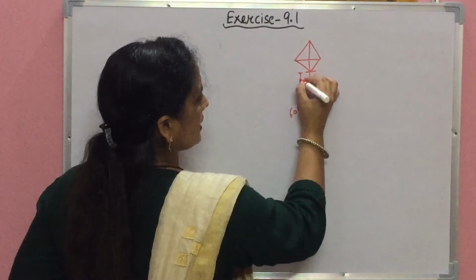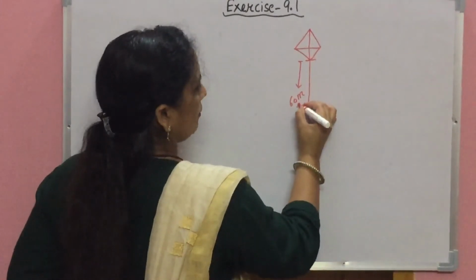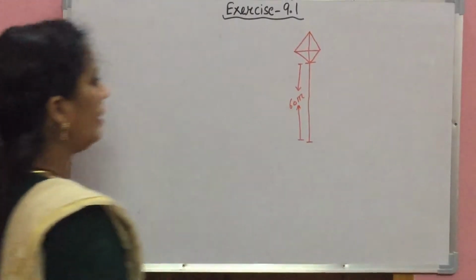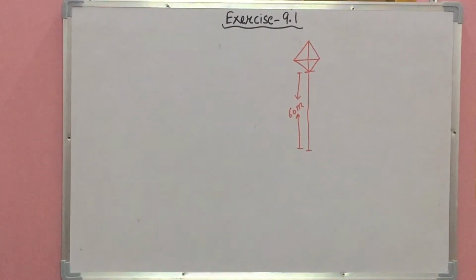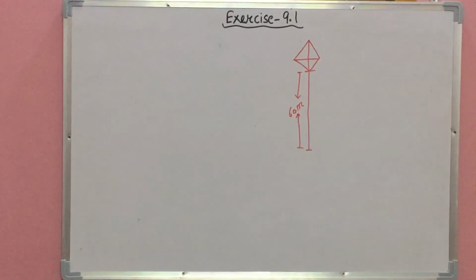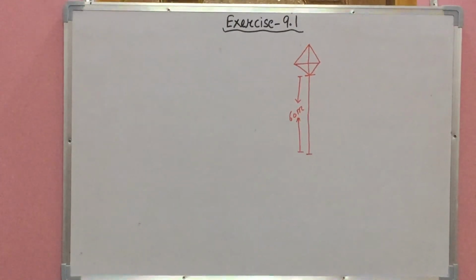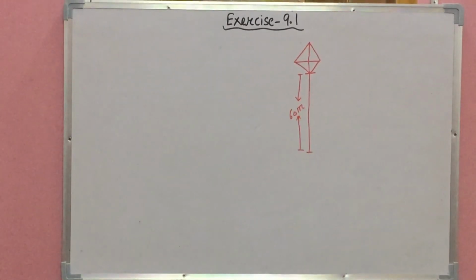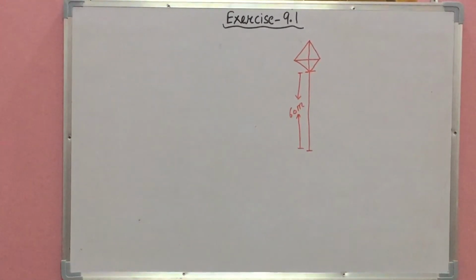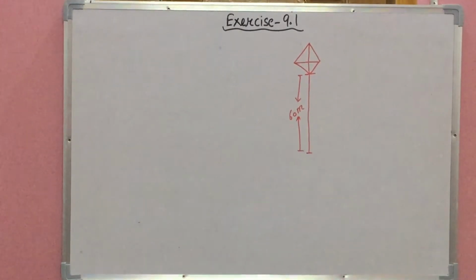So this distance is 60 meter. After that, in this question it is given that the strings attached to the kite is temporarily tied to a point on the ground and it is making an angle of 60 degree. Find the length of the string assuming that there is no slack in the string.